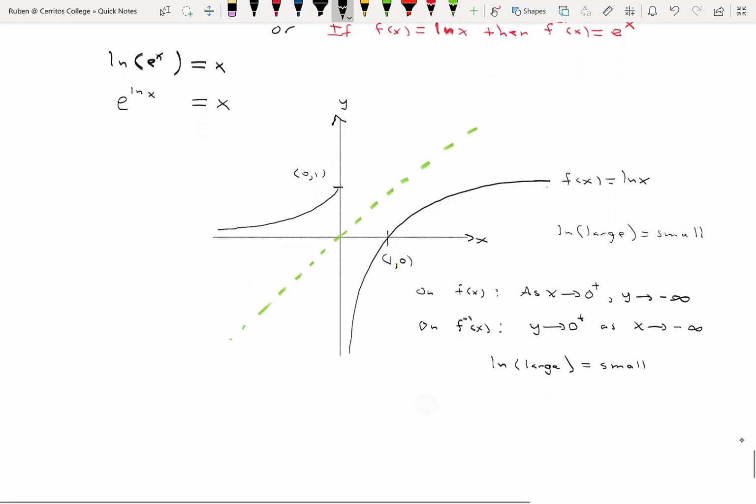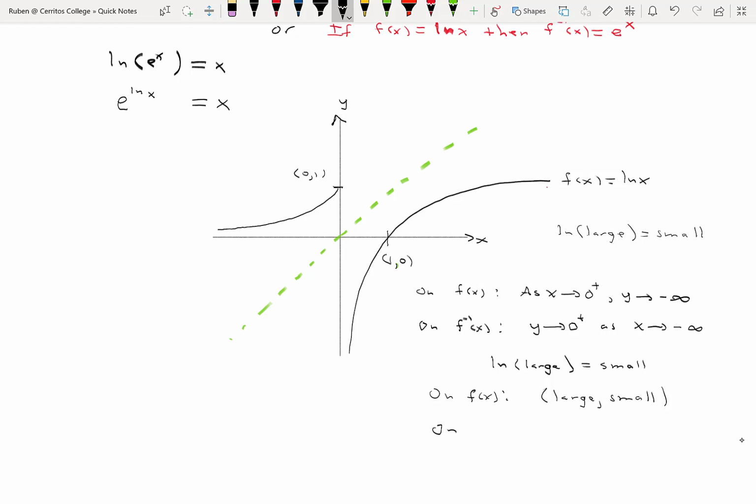On the function f of x, if the x value is large, the y value is relatively small, even though the values can be made very, very big eventually.